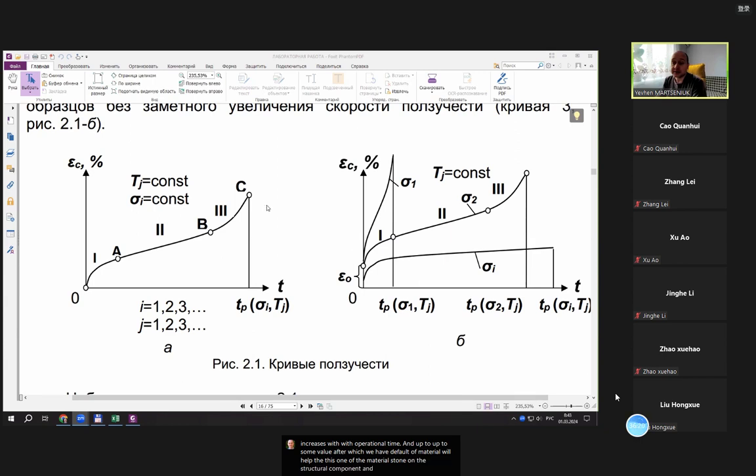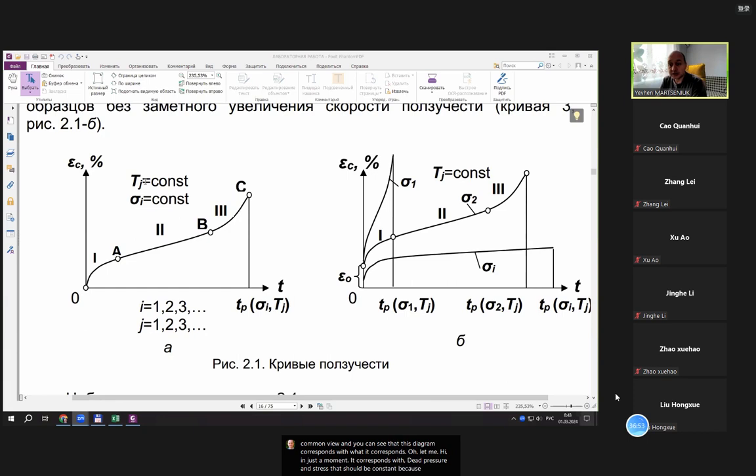And in general, this is the common view, and you can see that this diagram corresponds with what? Actually, it corresponds with temperature and stress that should be constant.